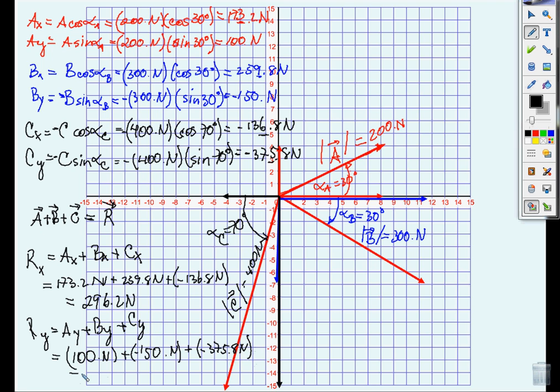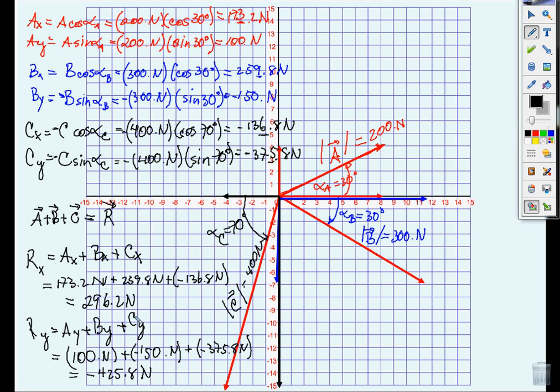So when we add all this, we should get 100 plus negative 150 plus negative 375.8. We get a value of negative 425.8 newtons. So here we have a resultant.